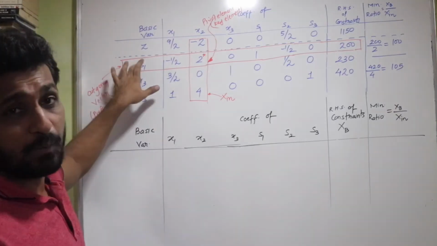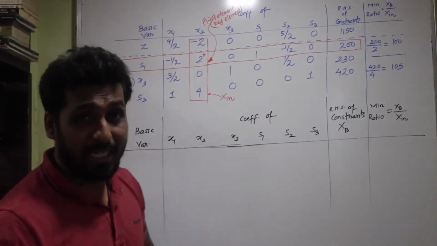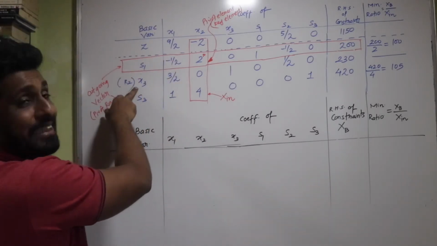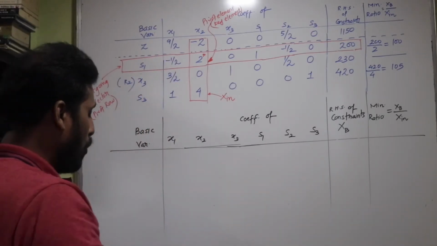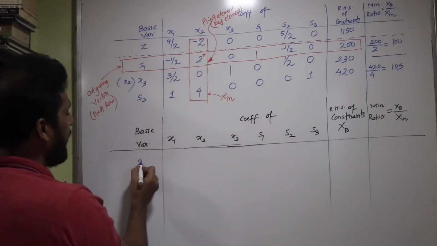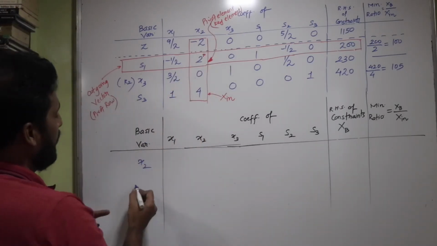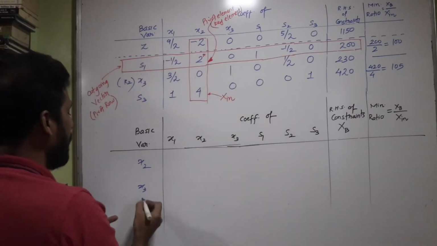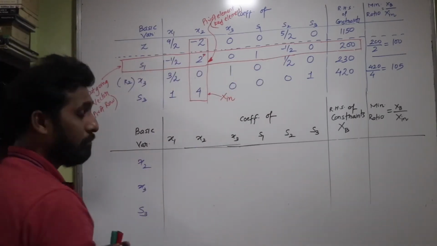X2 is going to take its place, isn't it? So my new basic variables are going to be X2, X3 and S3. So I'm going to write here the new basic variable. The first one is going to be X2 now. Next would be X3, because S1 is going to leave, other variables remain same, and then there is S3.